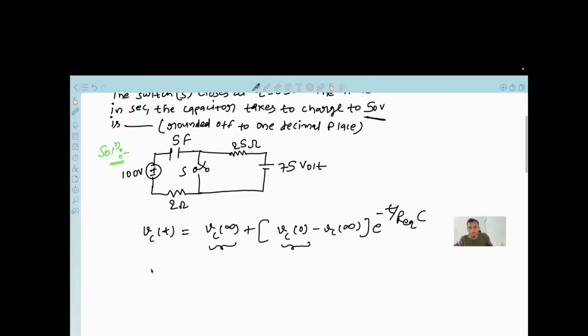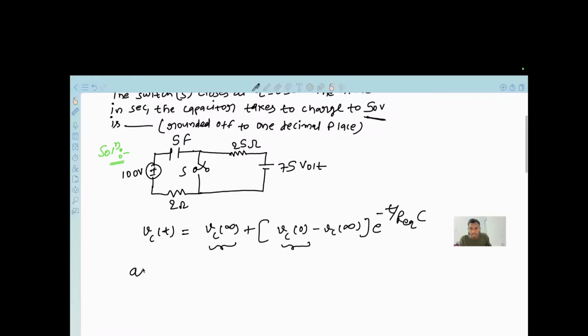At t is equal to 0 minus, the switch S is in open condition. Since the source is connected to this capacitor, the capacitor must be fully charged. If it is fully charged, it will be in a steady state, and a capacitor in a steady state acts like an open circuit.